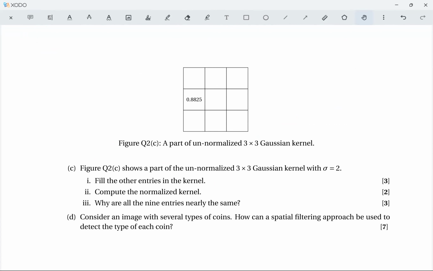Question part C. Figure 2C shows a part of an unnormalized 3 by 3 Gaussian kernel with sigma equals 2. Fill the other entries in the kernel.